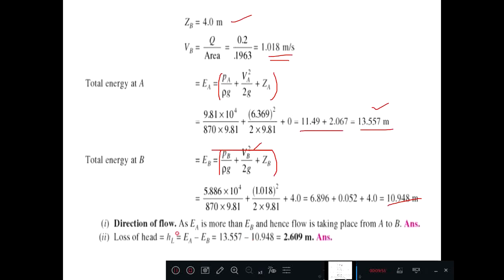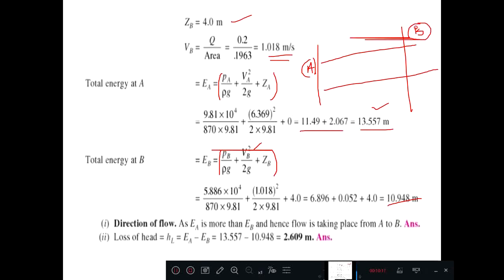Here they ask us to calculate the direction of flow. We first need to identify on which side the energy is more, at A or B. Suppose this is section A and this is section B. First we calculate the energies at sections A and B. The fluid always flows from higher energy level to lower energy level.